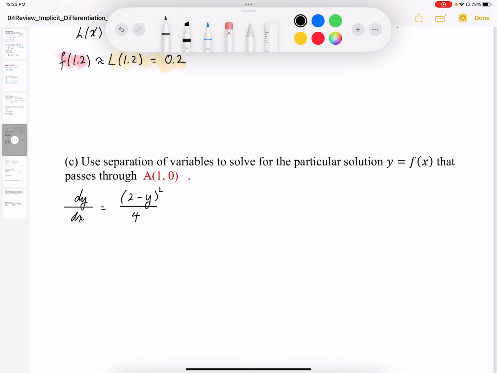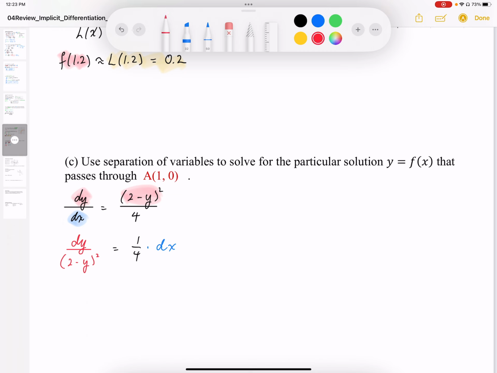I'm going to group my y's with my dy and my x's with the dx, so I end up with dy over (2 minus y) squared equals 1 over 4 times dx.